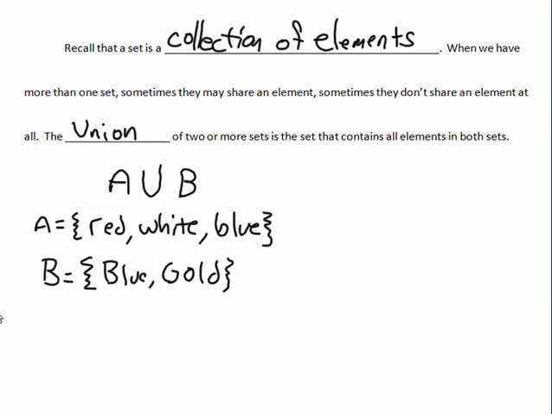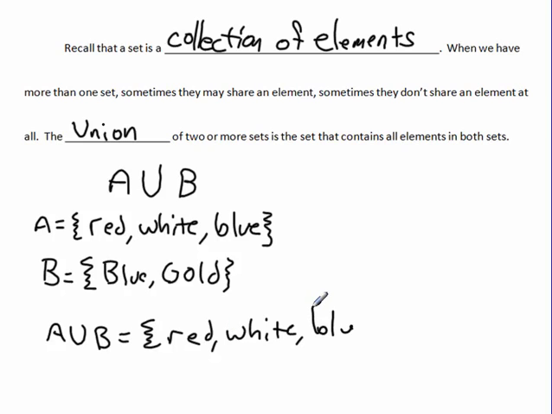All right. Then the union of A and B, A union B, is the set of red, white, blue, and gold. So basically, it's all the elements in A or B. There we go.